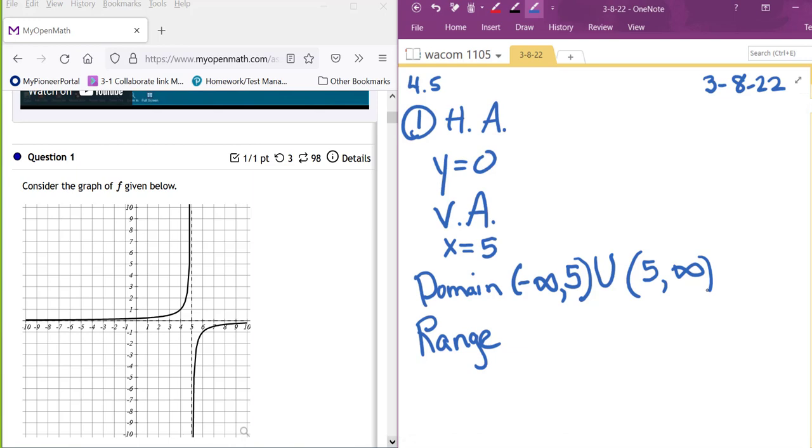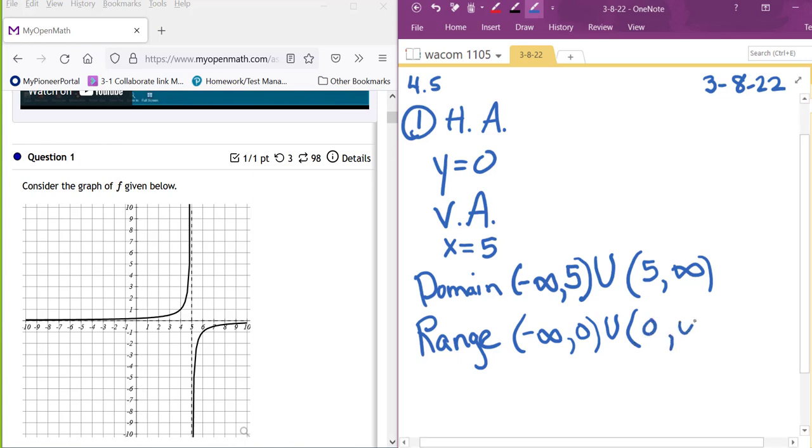For range, it'll be the same way. It's coming from negative infinity, and it's going up to 0, but it's not going to touch. So negative infinity to 0, use parentheses, union, and then we'll start up again at 0 for the other part of the picture, and it will go to infinity.